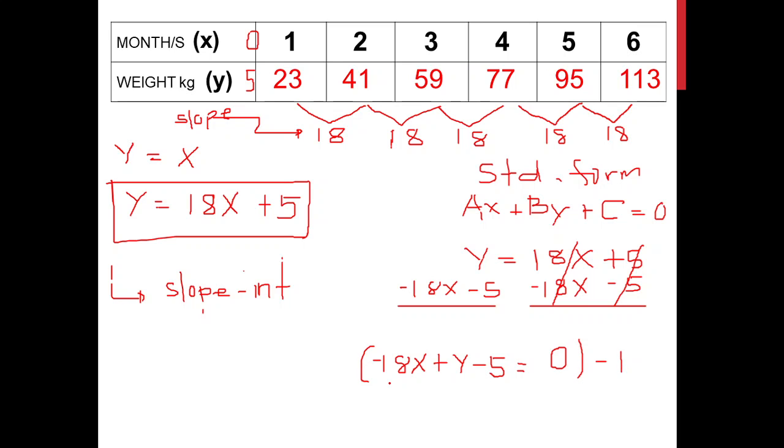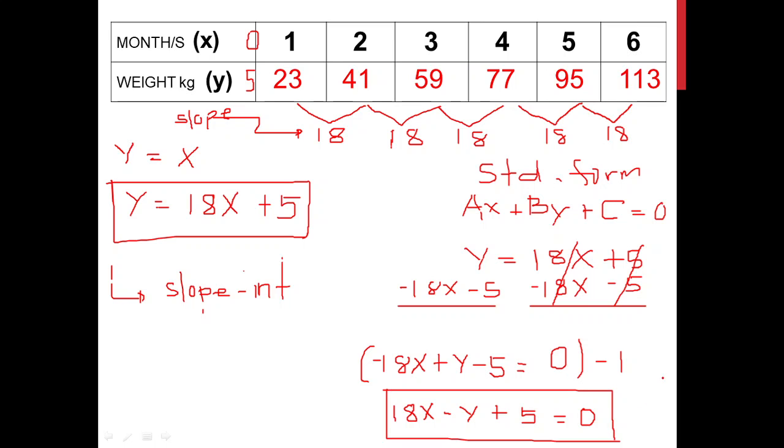So you have negative 1 and negative 18x gives you positive 18x. Positive y and negative 1, that is negative y. Negative 1 and negative 5, this becomes positive 5. 0 times negative 1 is equal to 0. This will be the standard form of our equation. I hope you learned something today, and see you in my next online lesson.